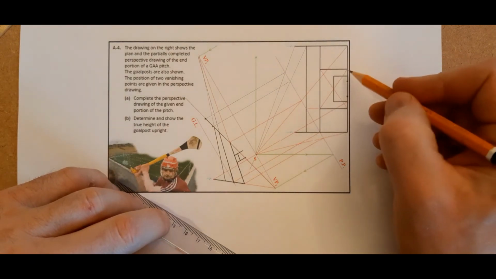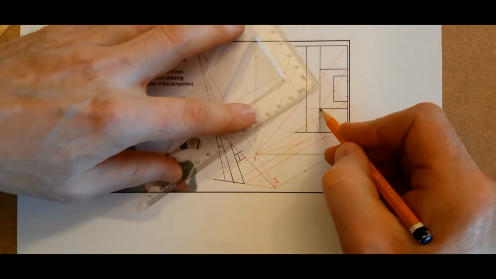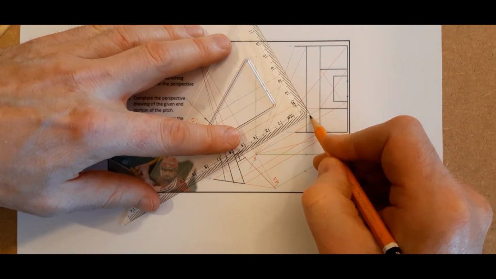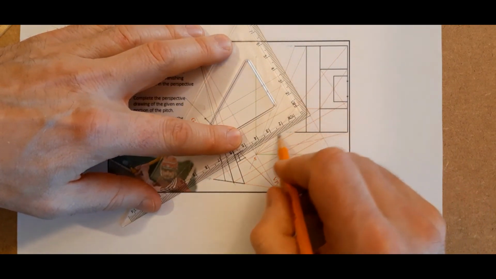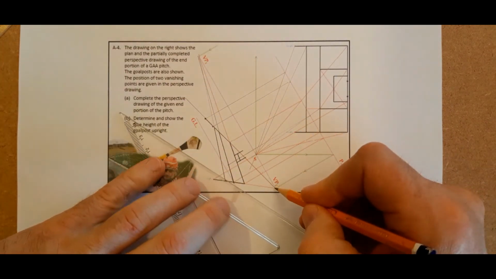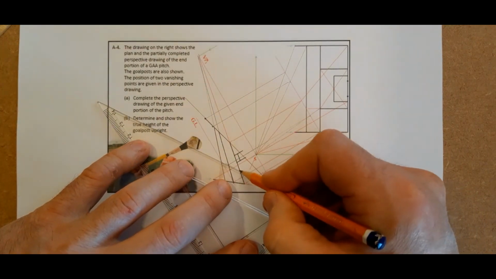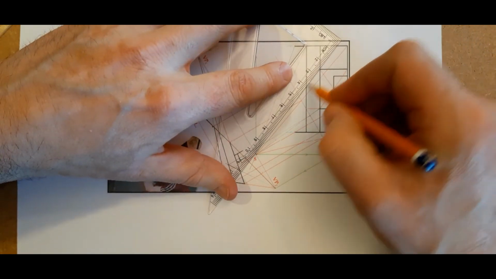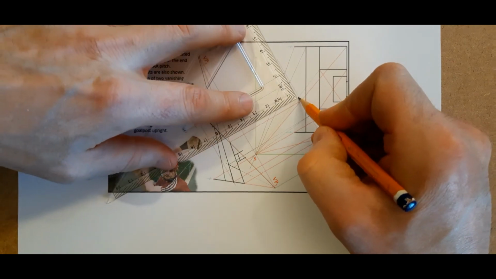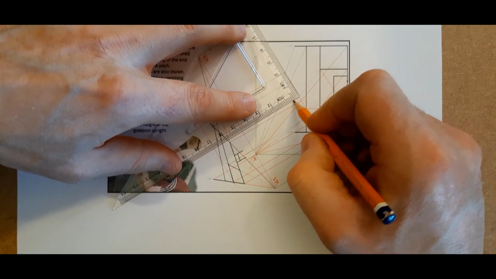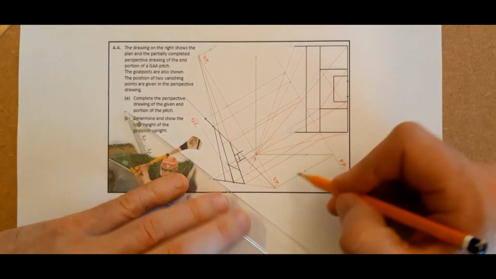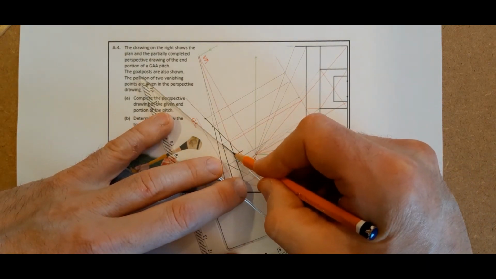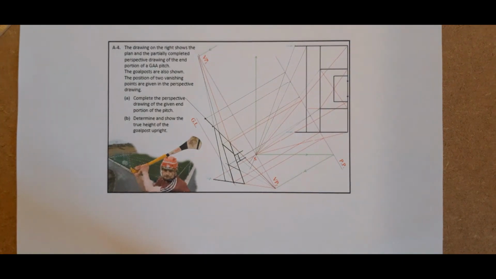And we want these two lines now, okay? So take that point there, join spectator, drop them down, and do the same as the other point. And that's part A done there.